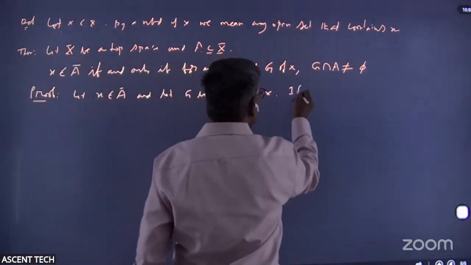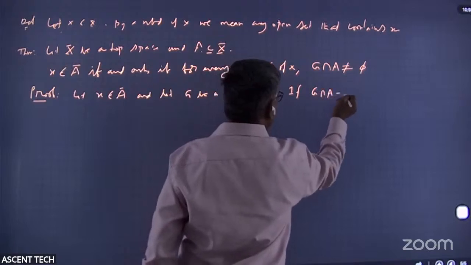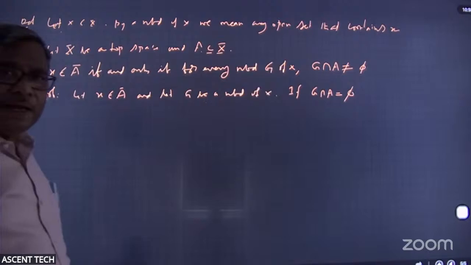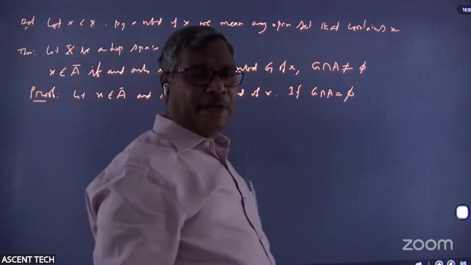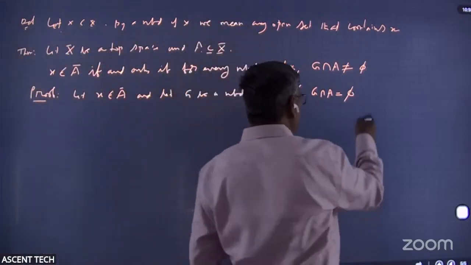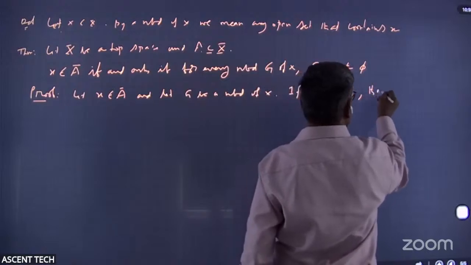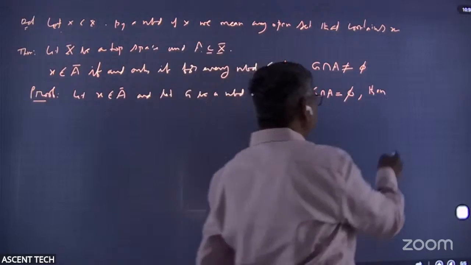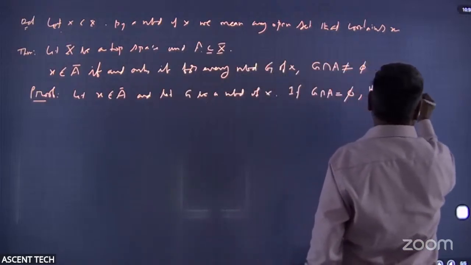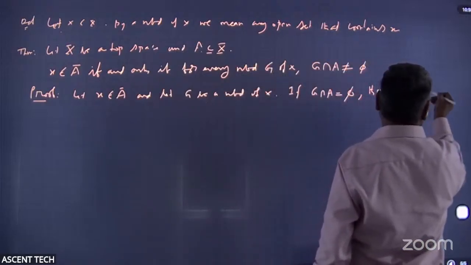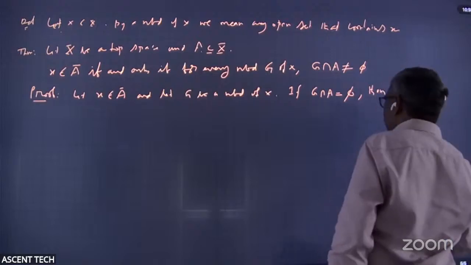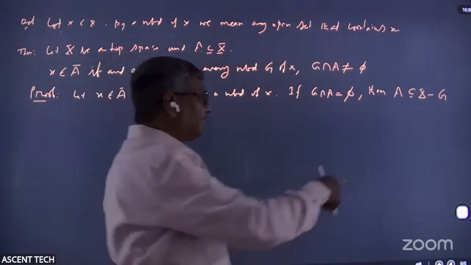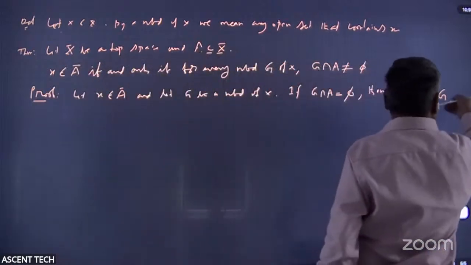If G intersection A is empty, then A is contained in X minus G. A is outside G. But X minus G is closed.